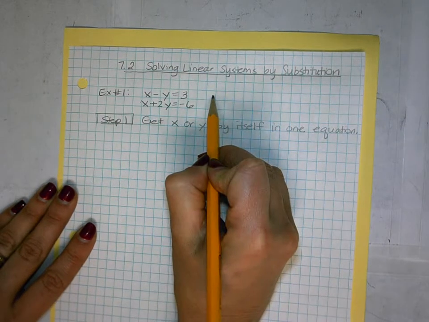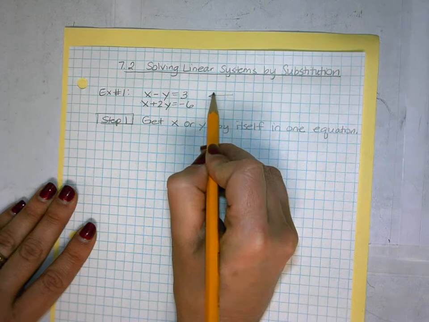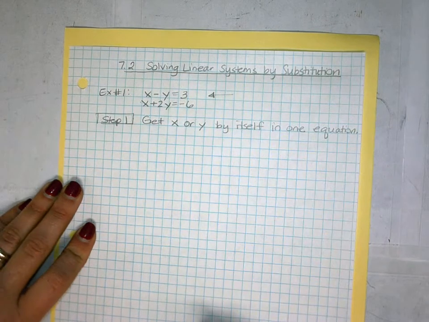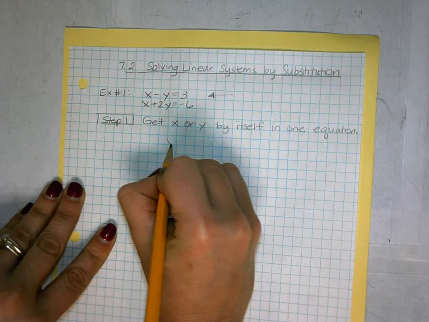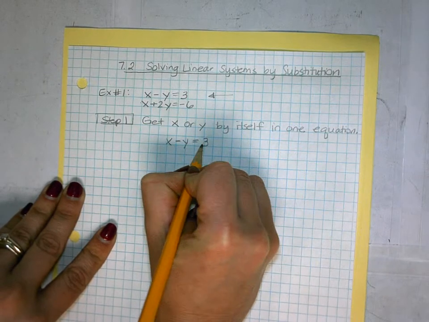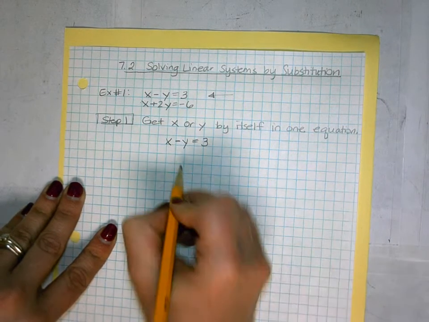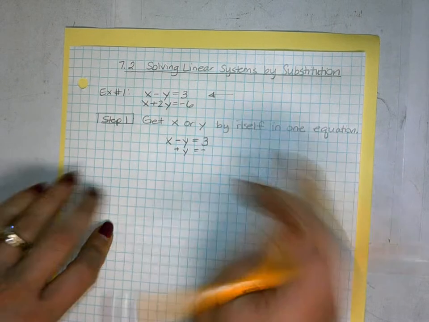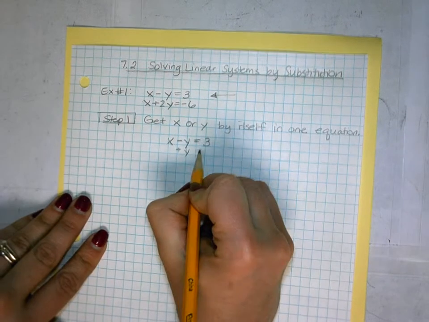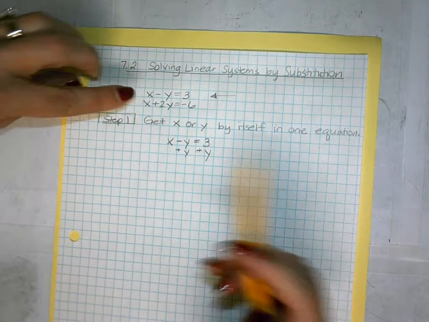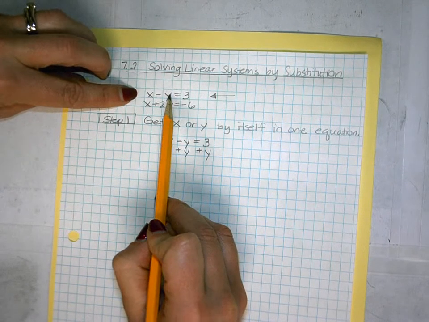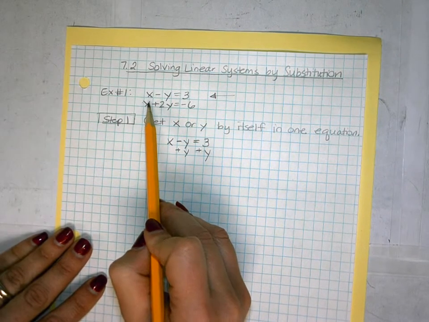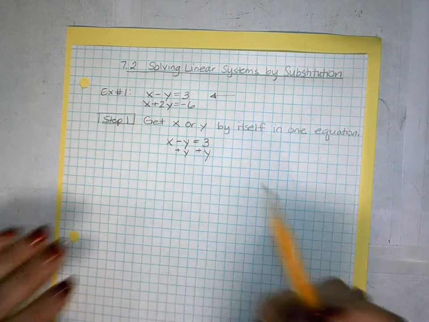So I'm going to take this equation, the first one, and I'm going to get x by itself. So here's the equation, x minus y equals 3, and I'm going to get x by itself. That's my choice. There are a lot of options here. You could have chosen to get y by itself in this equation, or you could have chosen from this equation to get x by itself.